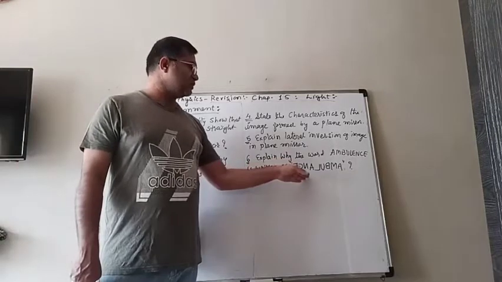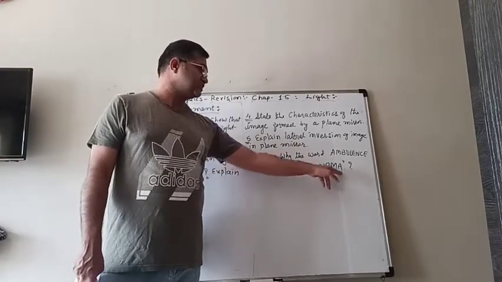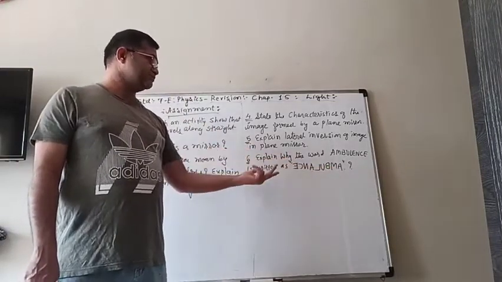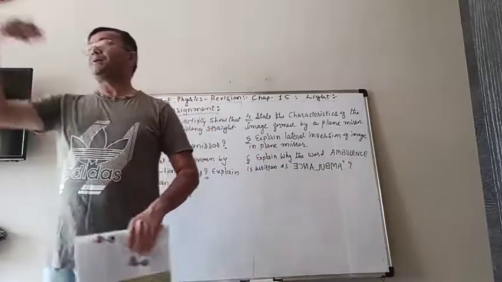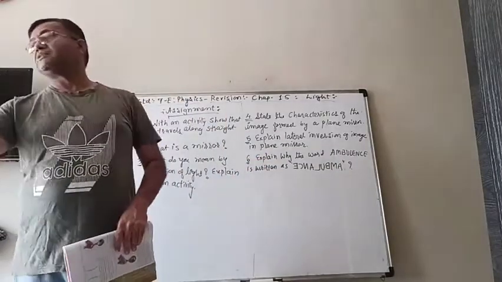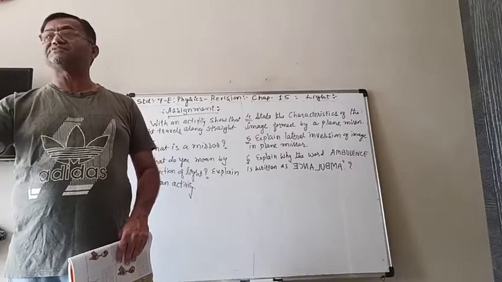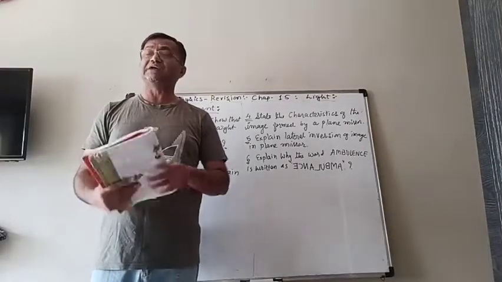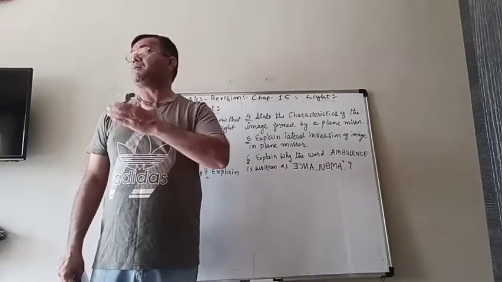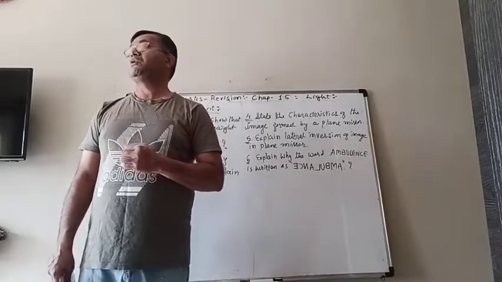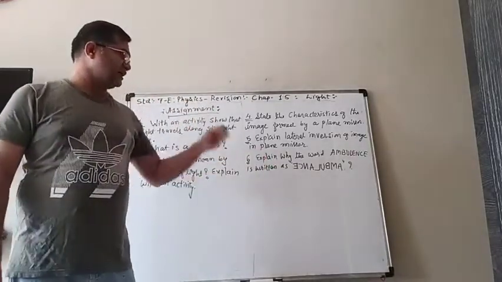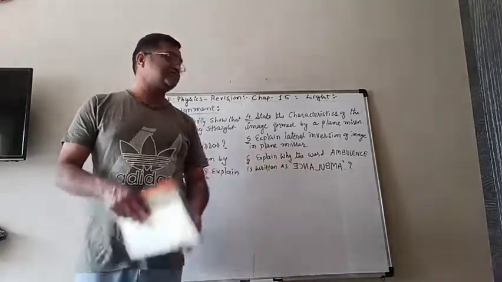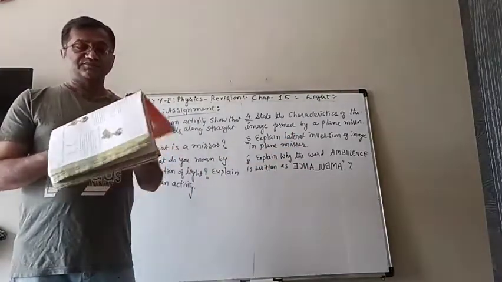Therefore on the ambulance the word is always written inverted, so that the persons in front can read the word ambulance and give way to the ambulance and let it go. So for that reason the word ambulance is written in this manner.